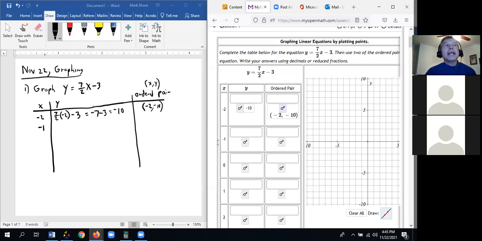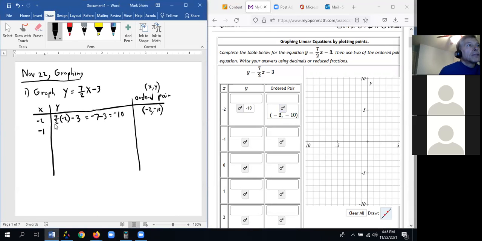Now, substituting in -1 is a little bit ickier. When you substitute in -1 for X, you'd have 7/2 times -1, then minus 3. Well, 7/2 times -1 is just -7/2. And -7/2 is -7 divided by 2, which is -3.5, minus 3.